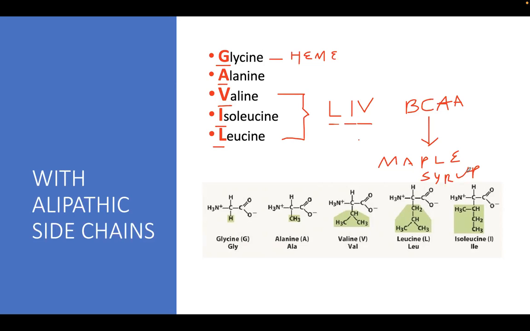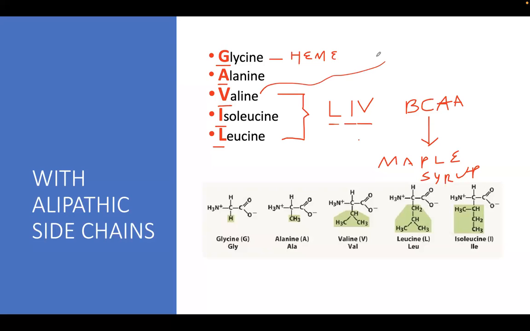It smells like maple syrup, or it has a caramel odor. Another mnemonic here: maple syrup disease, branched-chain amino acids. It is like cutting the branches of a maple tree.